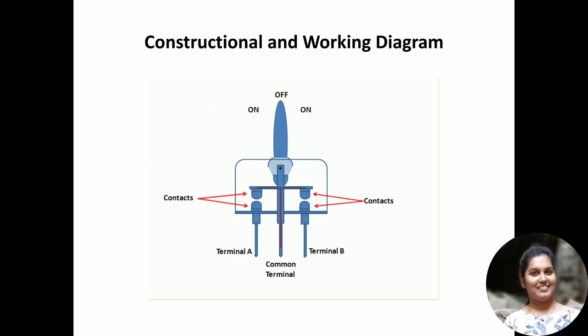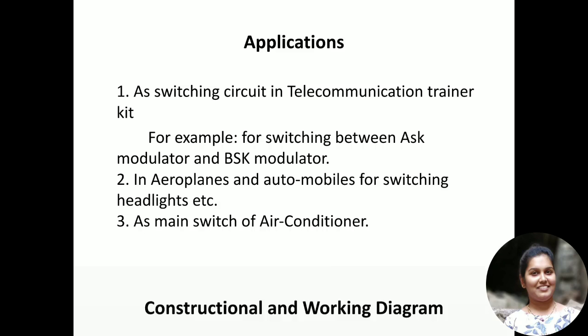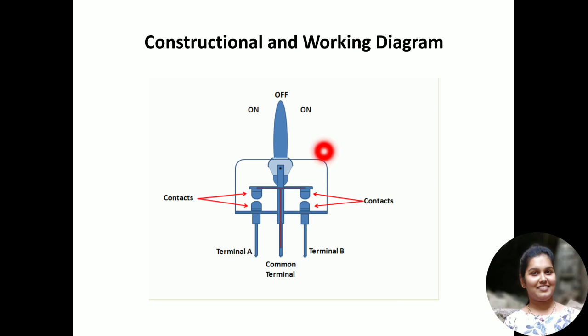Okay, if we eliminate the terminal B and just take terminal A and the common terminal, then the toggle switch will have only two positions, on and off.